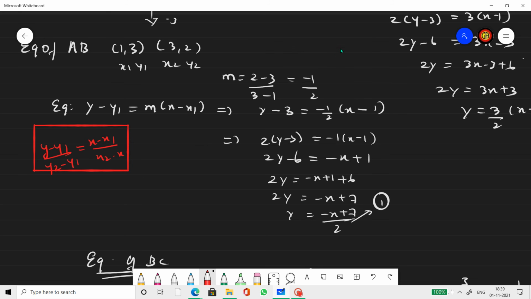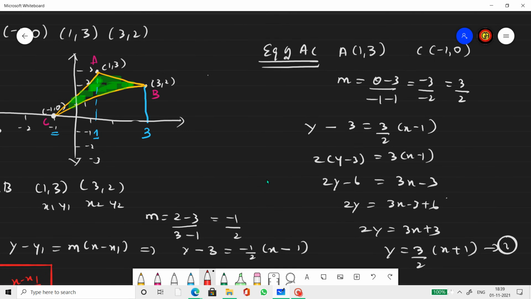Like that, let's find the equation of the AC line segment, which is formed by coordinate A and coordinate C. So taken over here separately, find the slope of that, use the point slope formula.